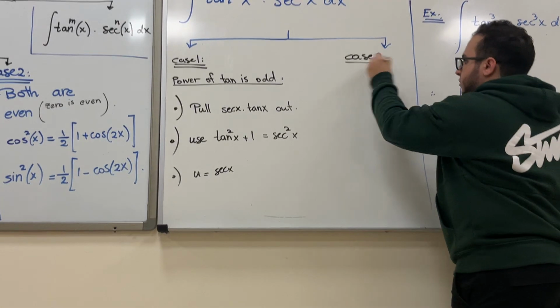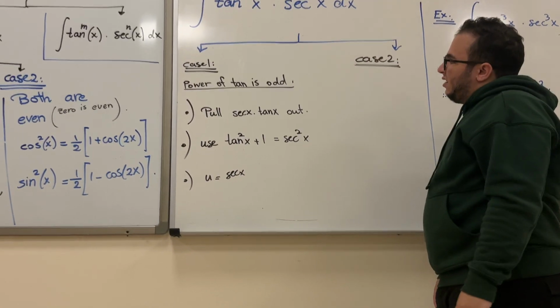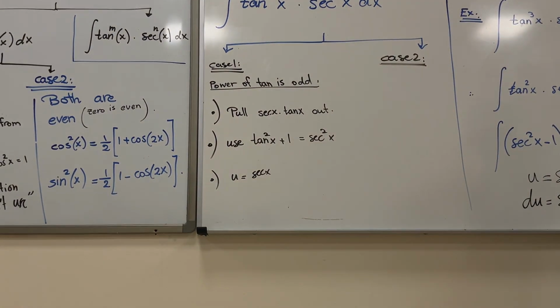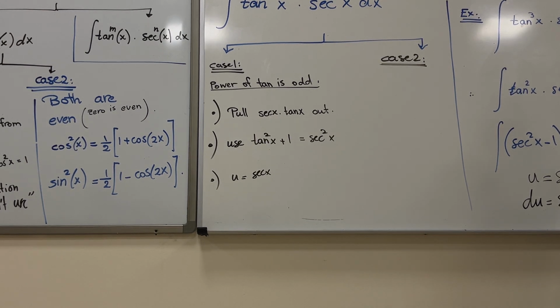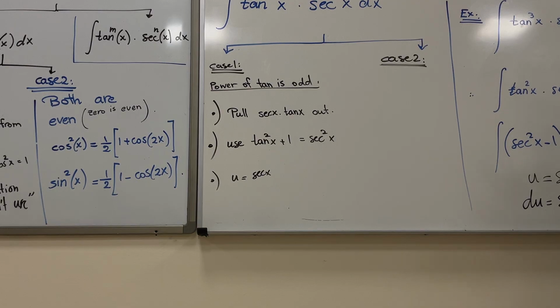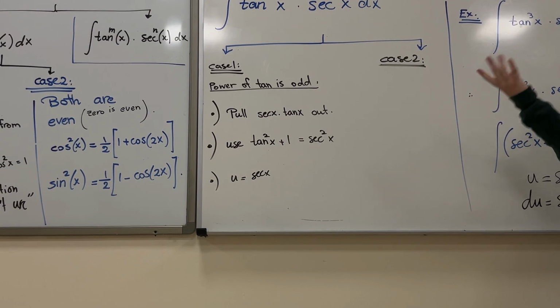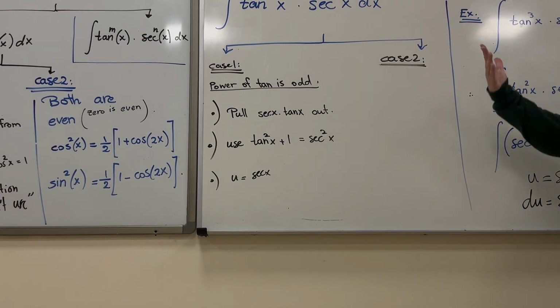Case 2. How many cases are in tan and secant? Actually, there's 3, I would say, because tan and secant are not nice like sine and cosine. The third case is the special cases. For example, integration of secant alone, secant cube, secant power 4, secant power 5, 7, these things.